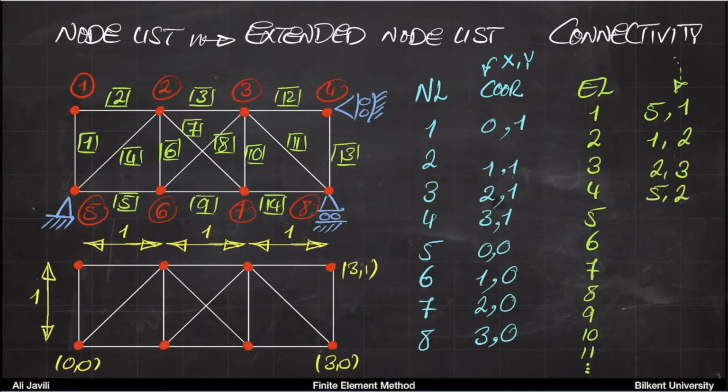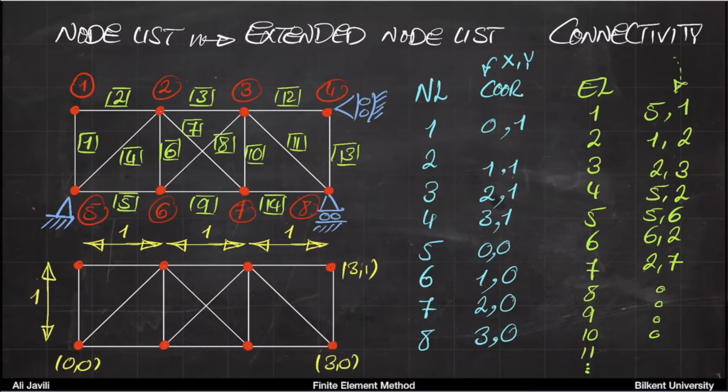Element 5 is between 5 and 6. Element 6 is between 6 and 2. Element 7 is between 2 and 7, and so on. So you would basically have your node list and element list. That's the way to go.